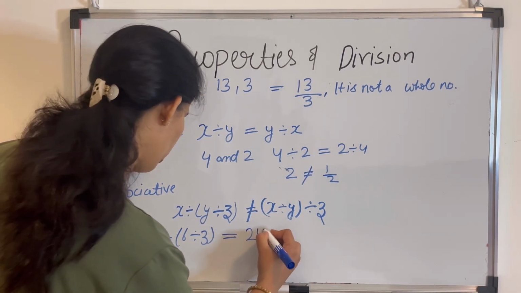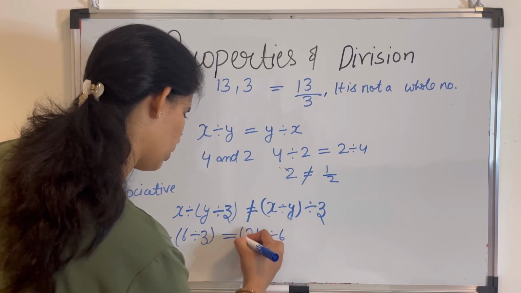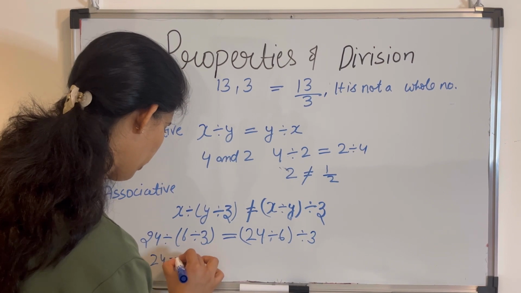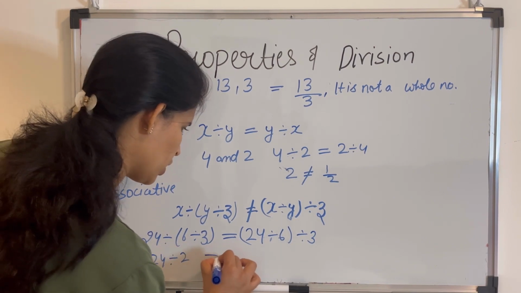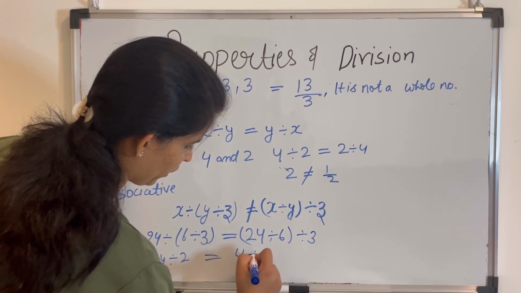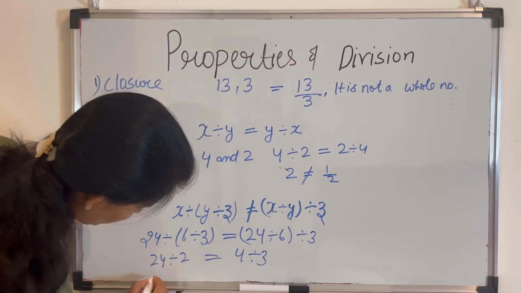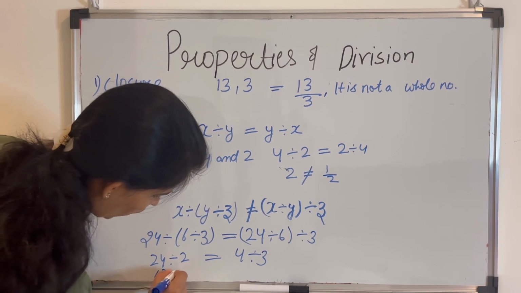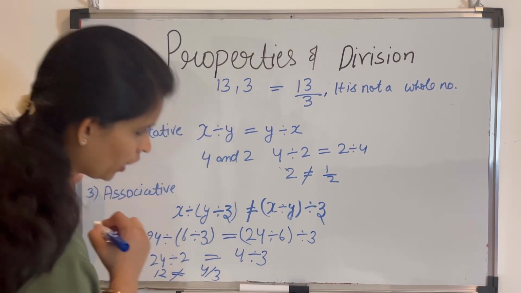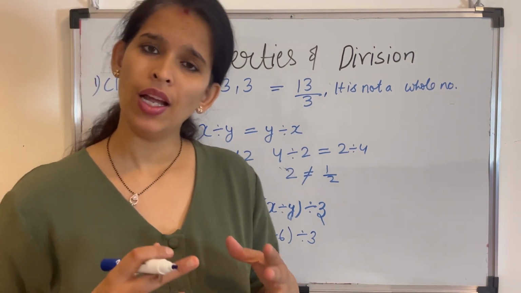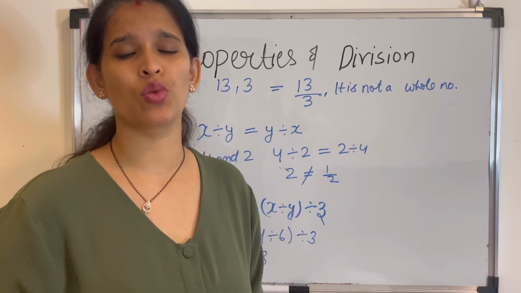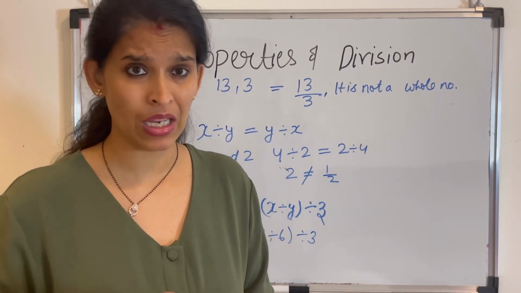So 24 divided by 6 is 4, then 4 divided by 3, which is 4 by 3. But 6 divided by 3 is 2, so 24 divided by 2 is 12, which is not equal to 4 by 3. So this property again doesn't hold in division. So closure, commutative, associative, these three don't apply in division.